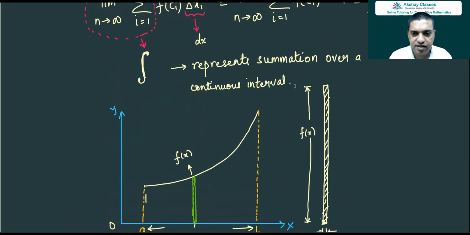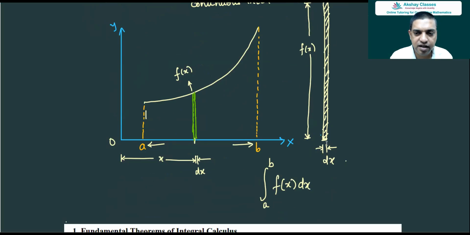So f of x into dx gives us the area of the thin rectangular strip. The summation of all such infinitesimal rectangular strips from a to b is the definite integral a to b f of x dx.